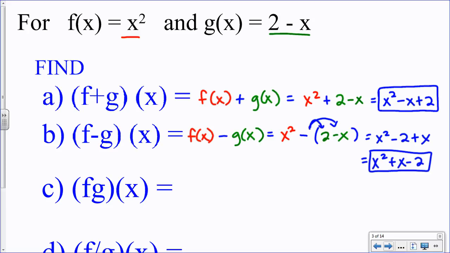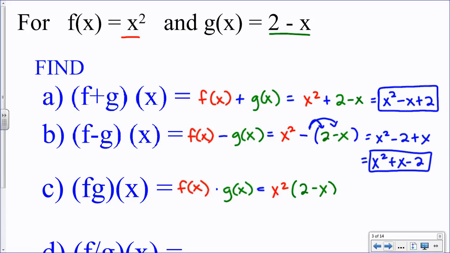Okay, multiplication. Fg means f times g of x. So f of x times g of x, that's x squared times 2 minus x. So how will I multiply those?